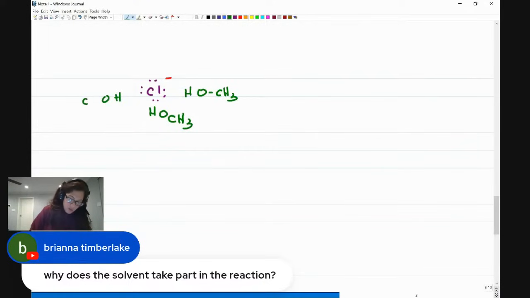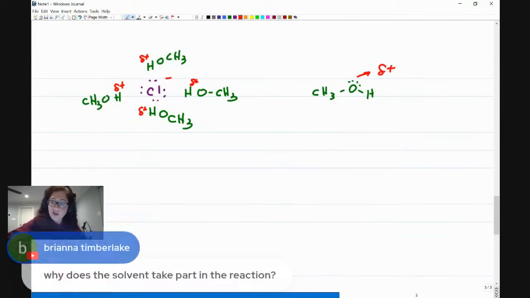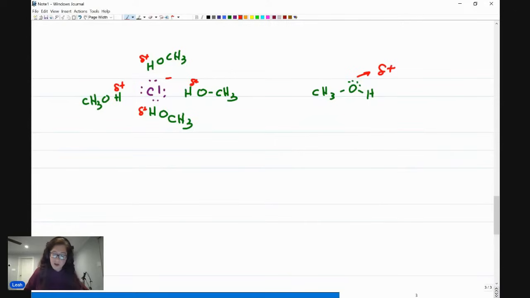As all the partially positive hydrogens surround this, it is no longer available to react. It's fully stabilized by a counter charge, and so it has no ability to react. And another methanol in solution happens to notice that our intermediate has a partial positive charge, and it will attack because it's an opportunist and it's going to just attack when it sees a positive charge.